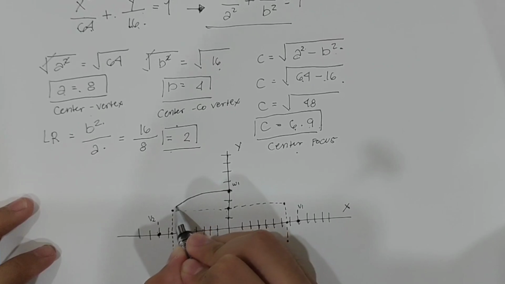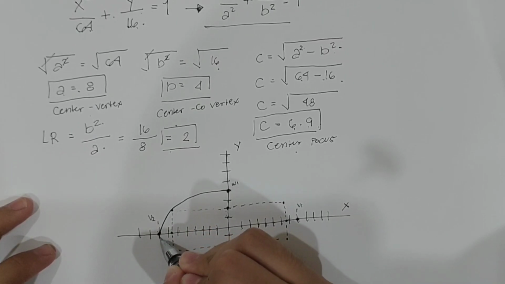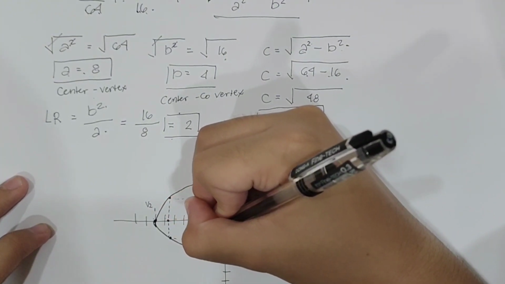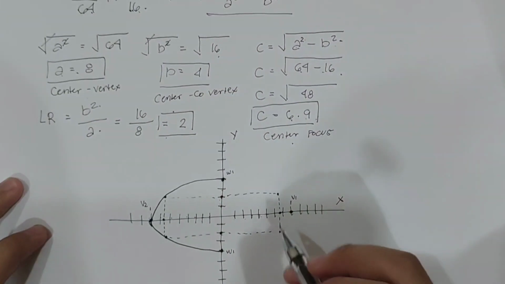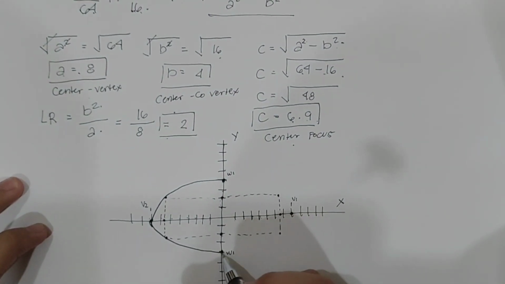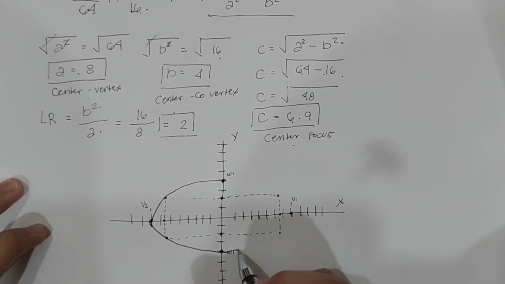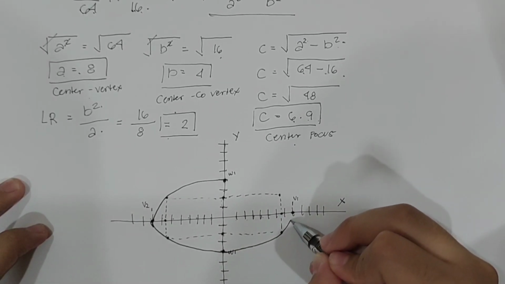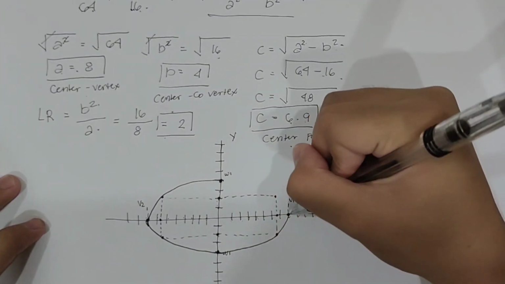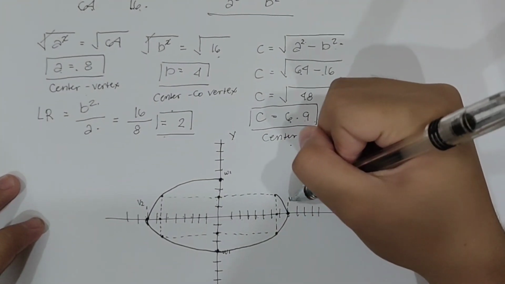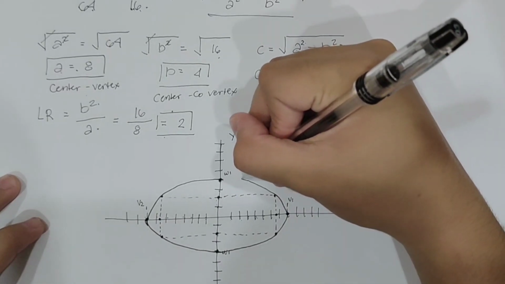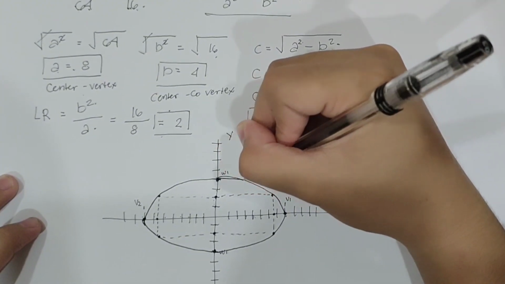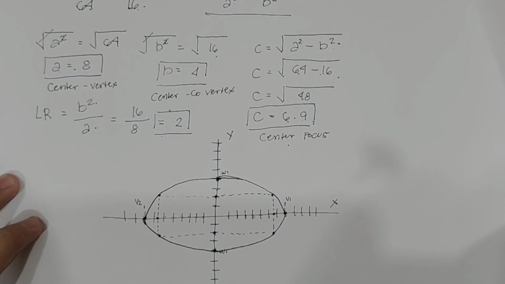Connect it to our latus rectum, down to our vertex 2, then connect it to our latus rectum 3, then connect it to the y-axis at our co-vertex, then up to our latus rectum 4, up to our vertex 1, then connect from vertex 1 to our latus rectum 1, up to, oh, I actually went too far, up to our center co-vertex.